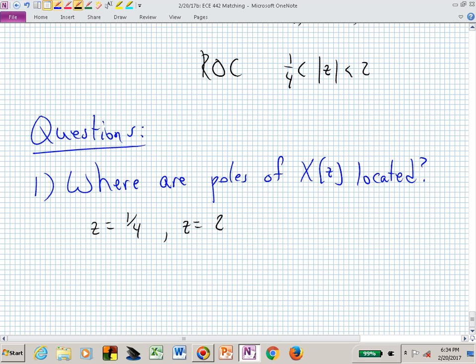Then we might ask another question. Question 2. Is little x of n one-sided or two-sided? If you're hungry, are you going to be fed by this region of convergence?